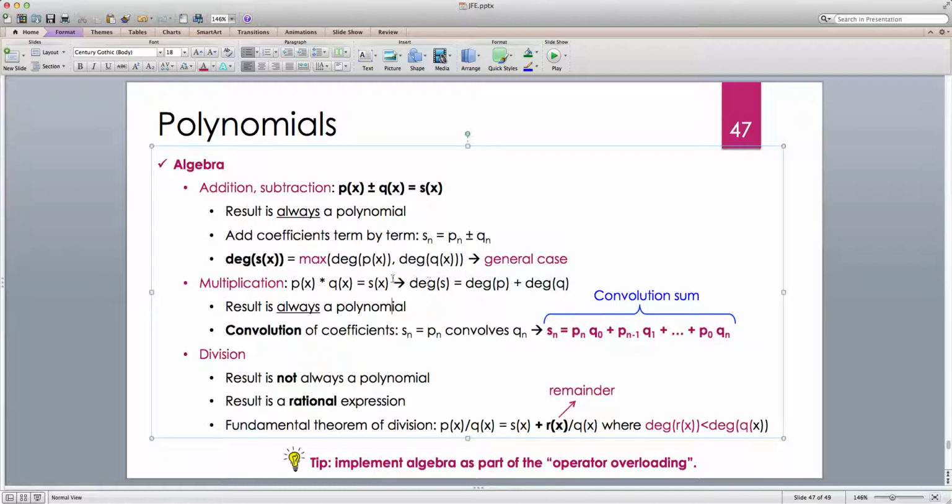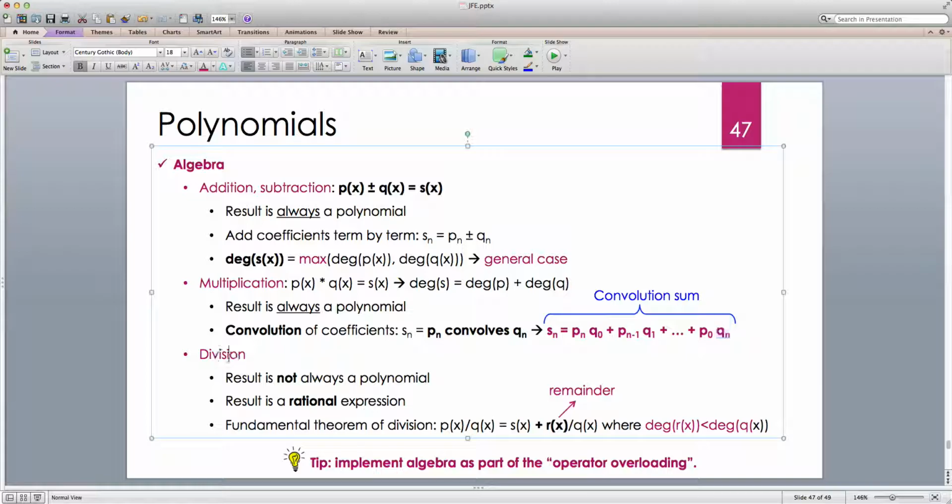And then the coefficient of s, you evaluate it based on the convolution of the coefficients of p and q. So you evaluate a convolution sum, with a running index: p n minus i times q i, and i goes from 0 to n. So pn multiplies by q0, pn minus 1 multiplies by q1, all the way to p0 multiplies by qn.